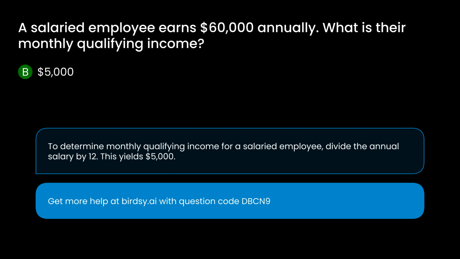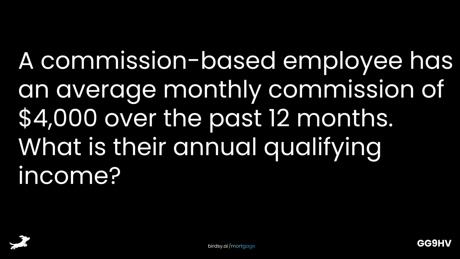To determine monthly qualifying income for a salaried employee, divide the annual salary by 12. This yields $5,000. A commission-based employee has an average monthly commission of $4,000 over the past 12 months. What is their annual qualifying income?